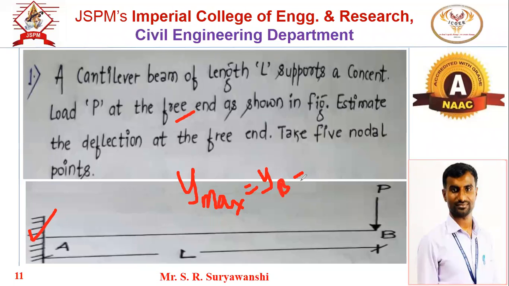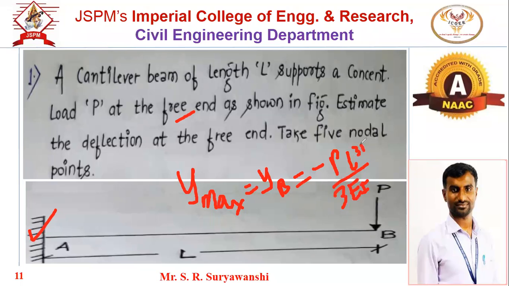This is the standard formula. Does anyone remember? Standard case slope deflection, SA1 unit number 1. That value is minus PL cube divided by 3EI. So this is the standard value of deflection.